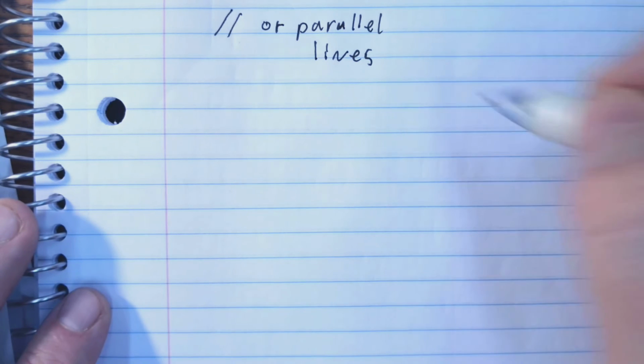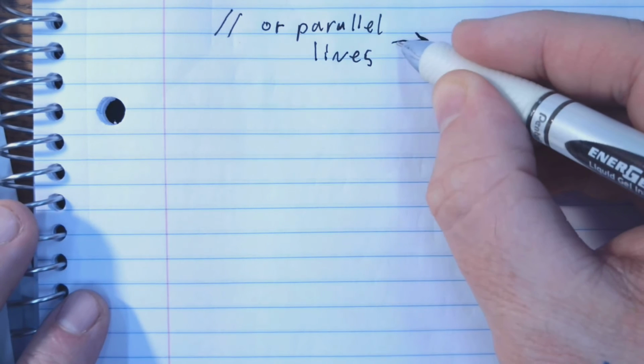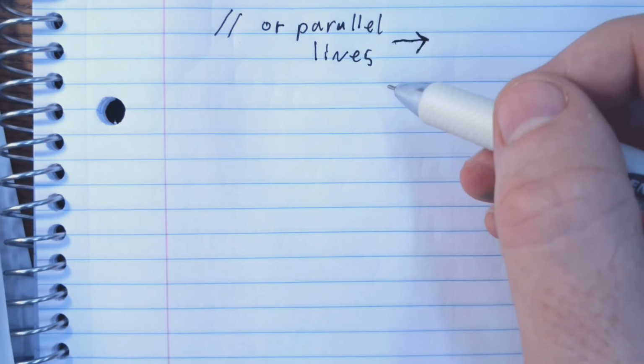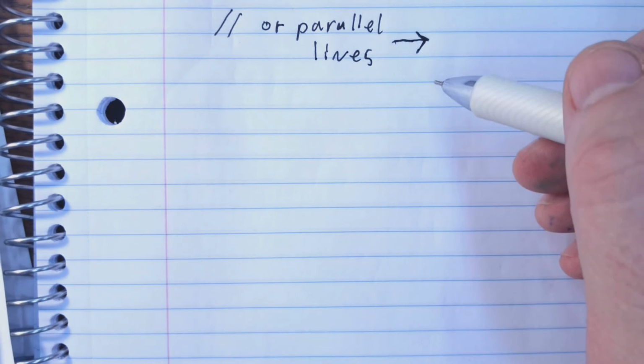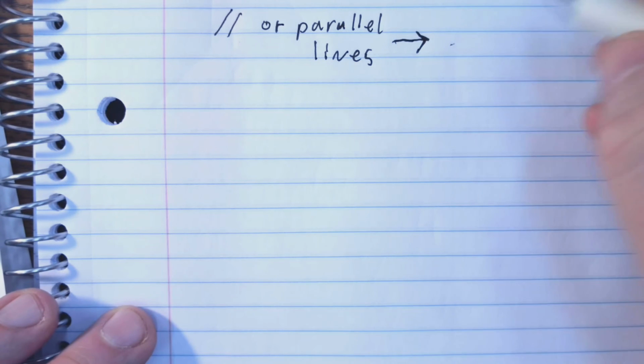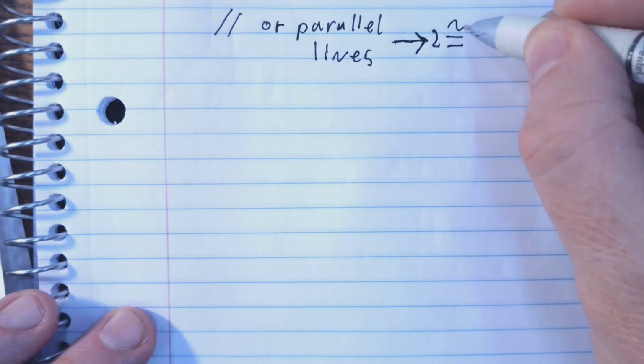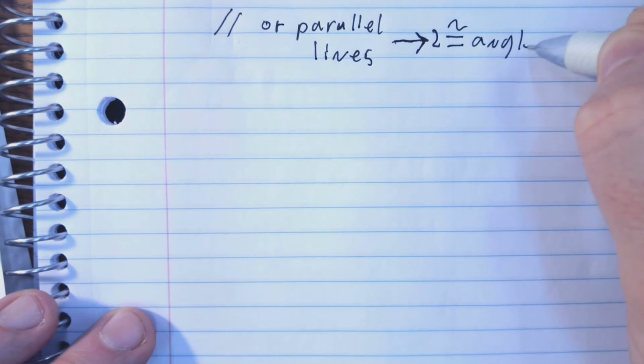Well, even though it's dealing with lines, everything we learned about parallel lines had to do with not lines, but had to do with what? Had to do with angles, right? So this is going to give us two congruent angles.